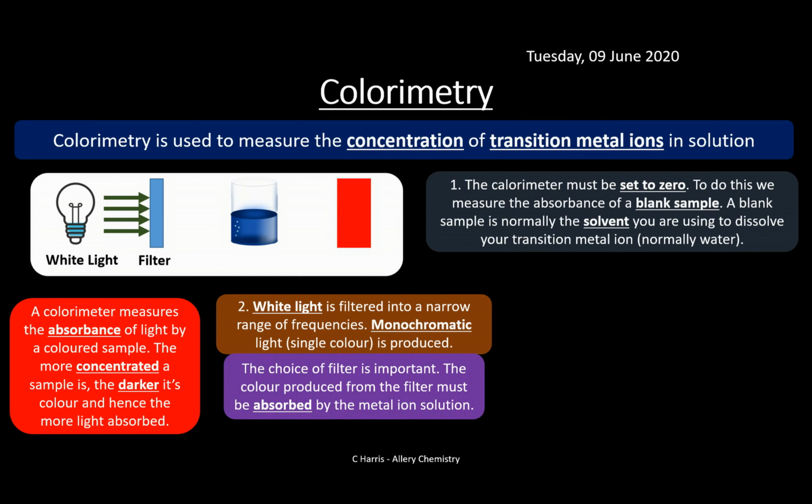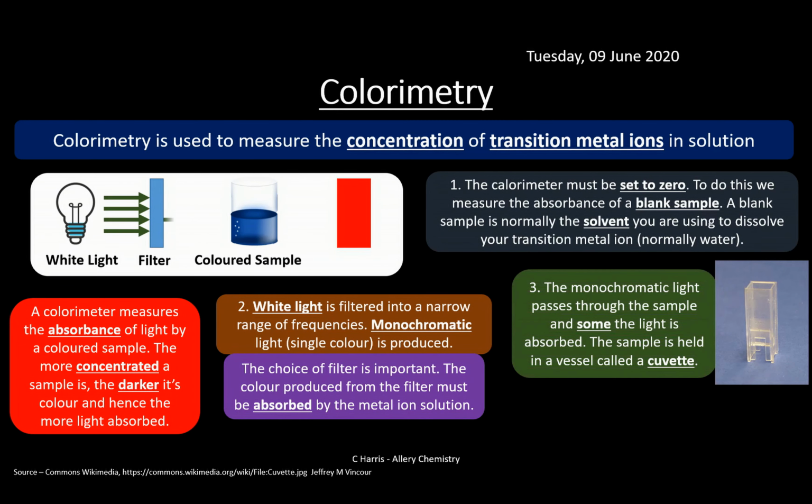The color produced from the filter must be absorbed by the metal ion solution. If we use the wrong filter, then it may not be absorbed at this end here. So we've got to make sure we're choosing the right filter for the substance that we're testing. Once it goes through the filter, we get this monochromatic light, as you can see here.